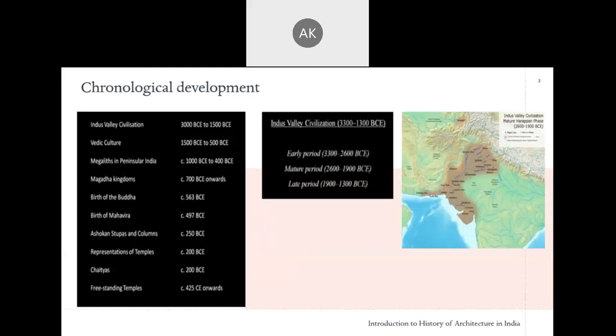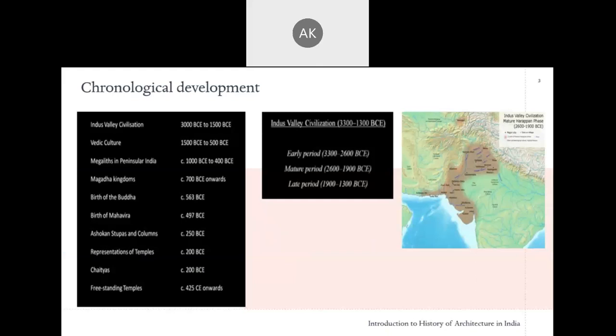The chronological development was: the Indus Valley civilization, then the Vedic culture, megaliths in peninsular India, then the Magadha kingdom came into existence, then the birth of Buddha and Mahavira around 563 and 497 BCE, then the Ashokan stupas and columns, then the representations of temples, chaityas and freestanding temples.